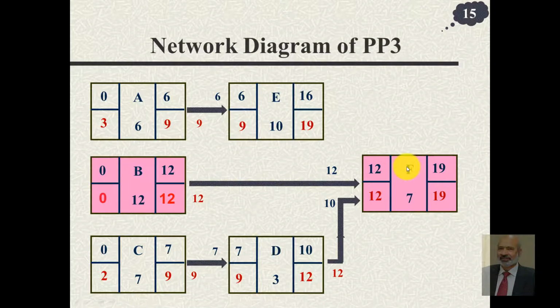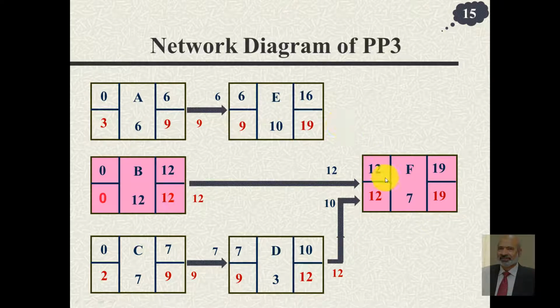Now only one of these has to be used, because this path takes 16 days, and this path takes 7 plus 3, 10 plus 7, 17 days. So it is this path which is critical because it is taking 19 days. So if you reduce the time here to 6 days or here to 11 days, the overall project completion time will become 18. It would not affect these.